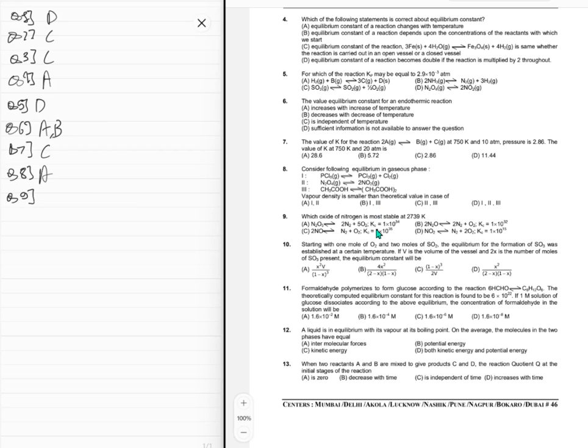Which oxide of nitrogen is most stable? Okay, so they gave the Kc values for all of these. Your K value is actually related to your delta G value, and delta G is related to spontaneity, right?